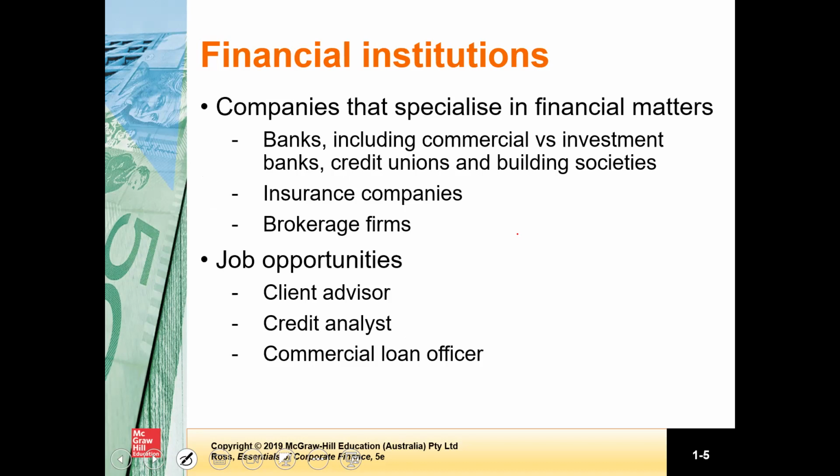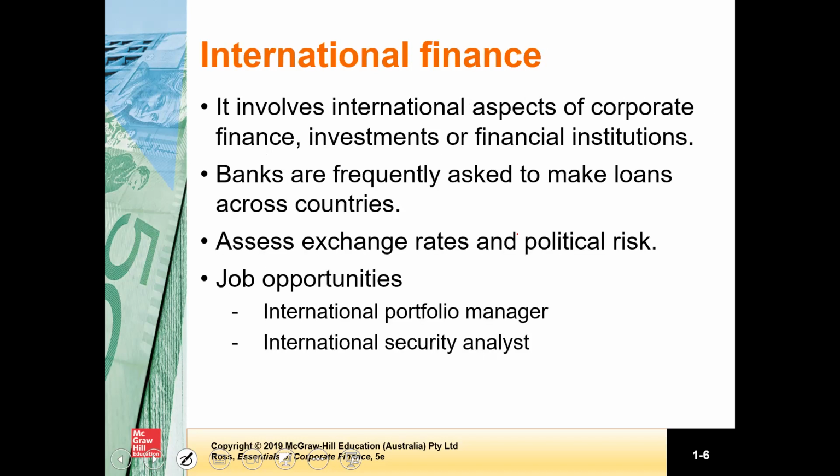For example, a commercial loan officer at a bank would evaluate whether a particular business has a strong enough financial position to warrant extending them a loan. Job opportunities in these areas include client advisor, credit analyst, and loan officer, as I already discussed.